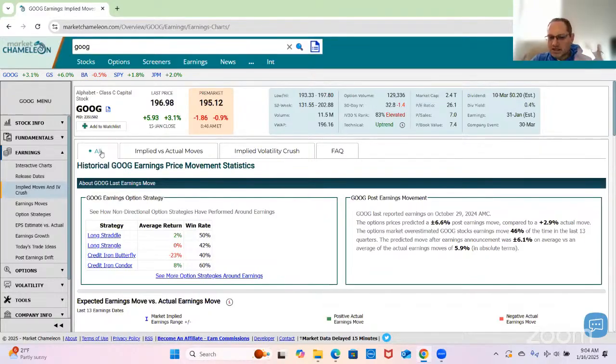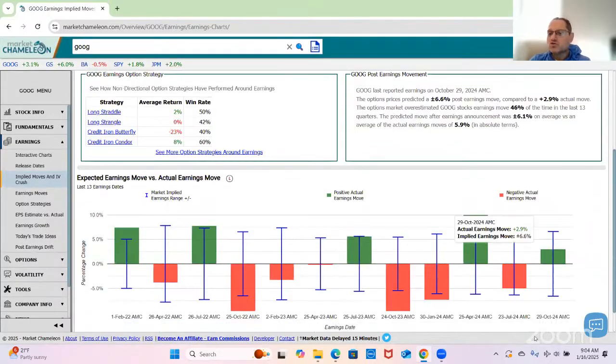The first page is kind of a summary page, and then this tab compares the historical implied moves based on the option prices right before earnings and compares that to the actual stock move the next day if we measure it from close to close. And one of the things that traders look at is also the implied volatility.